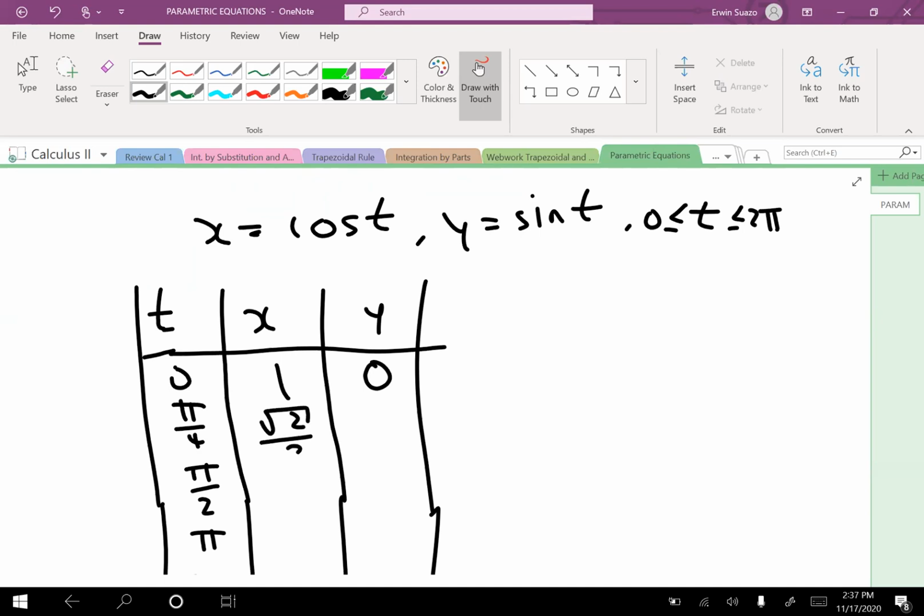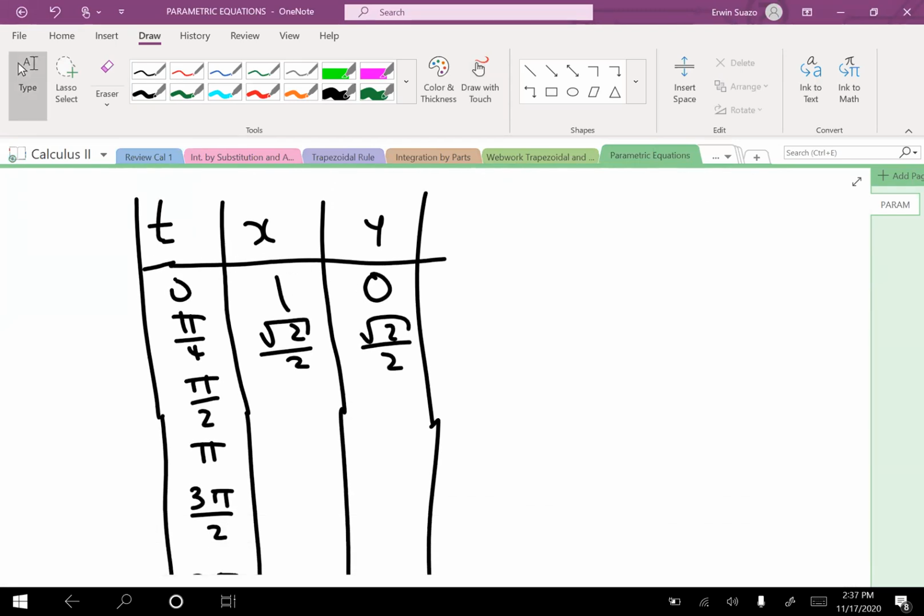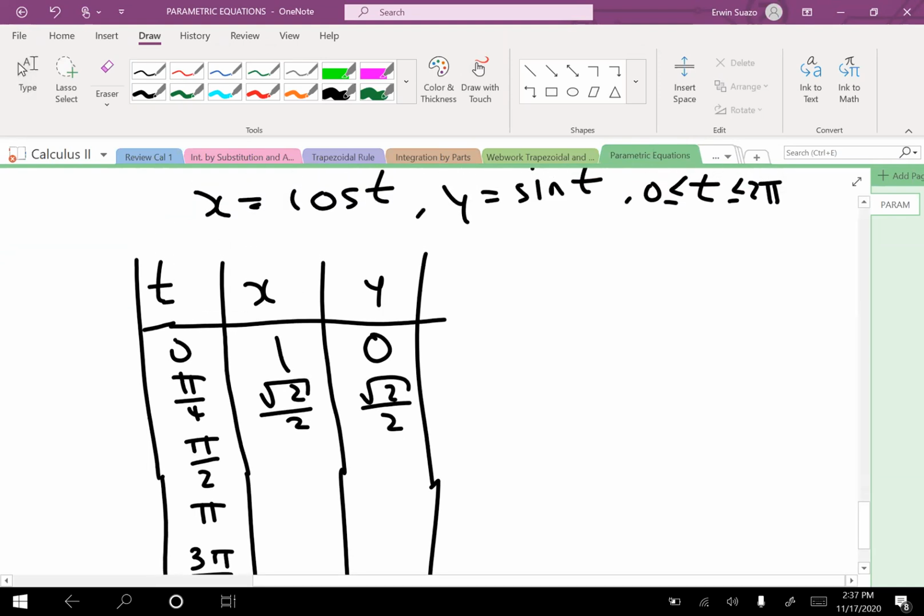Square root 2 over 2, remember? And sine of pi fourths, square root 2 over 2. Then cosine of pi halves? 0.